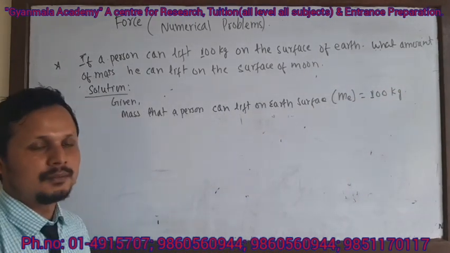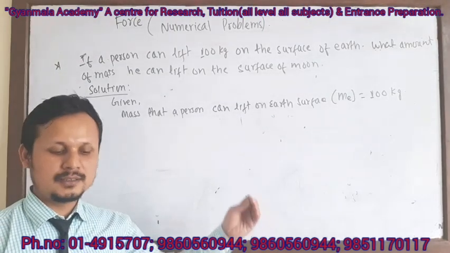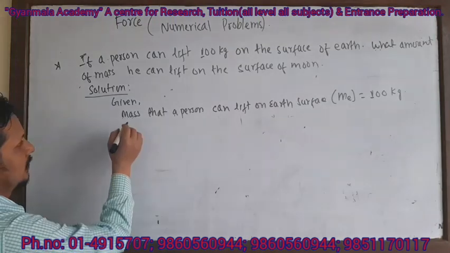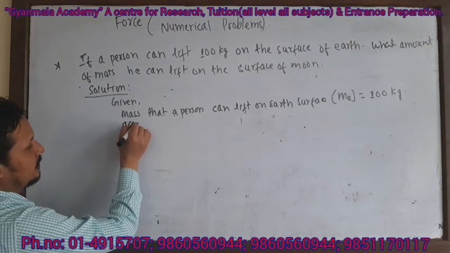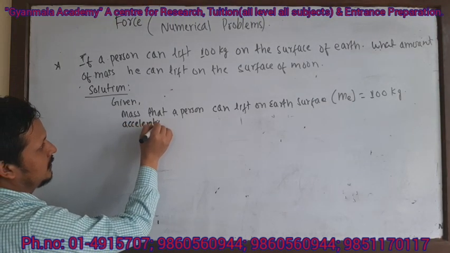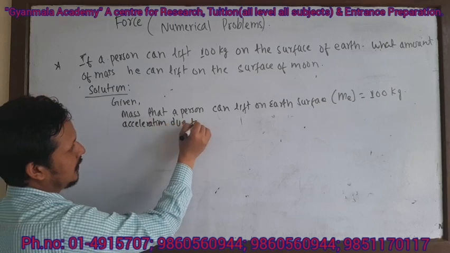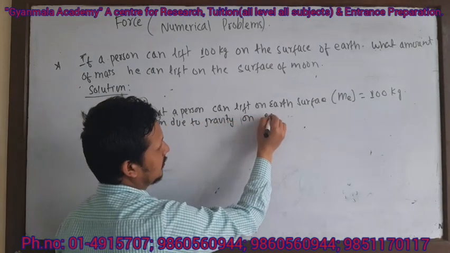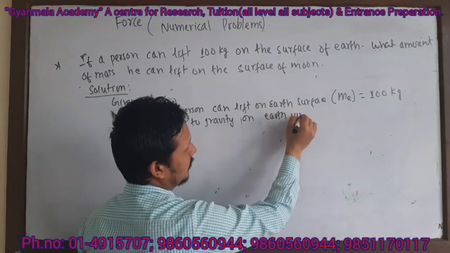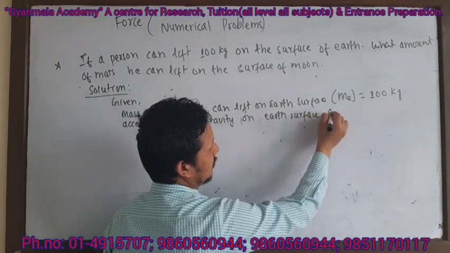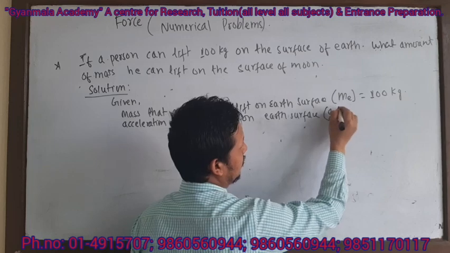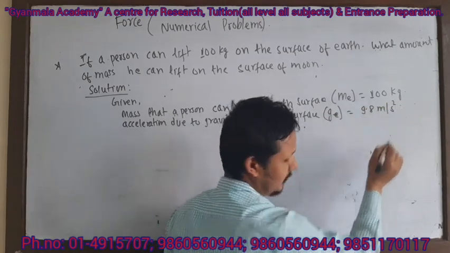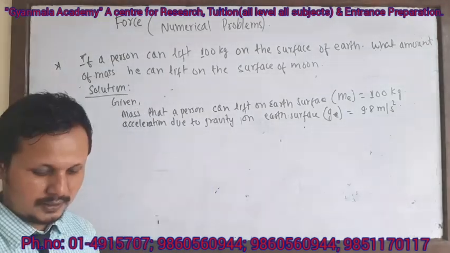For this, we have to know the value of acceleration due to gravity on the Earth surface and on the Moon surface. Acceleration due to gravity on Earth surface, gE equals to 9.8 meter per second square.